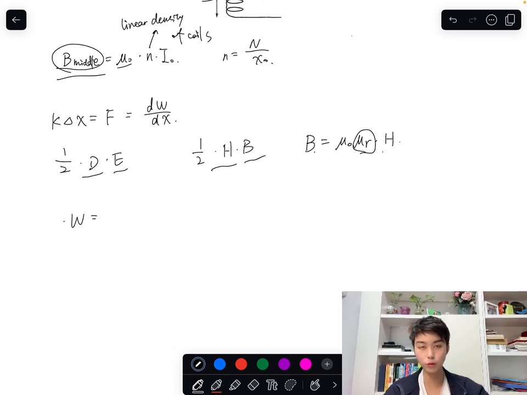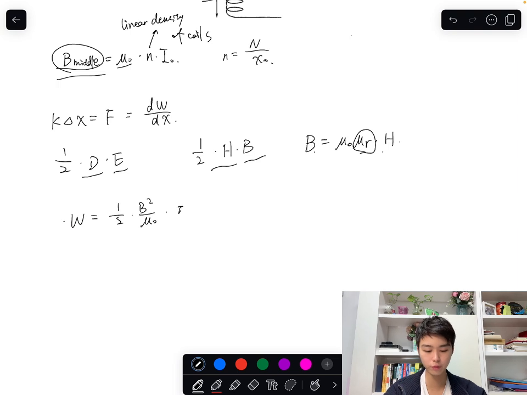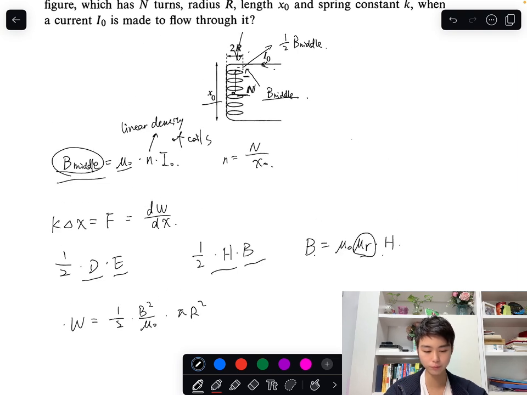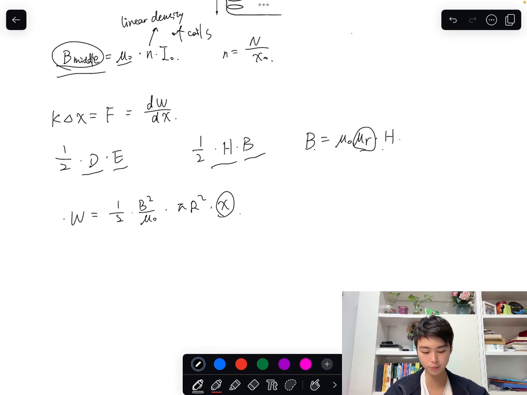The overall W would be 1/2 times B squared over mu 0 times the volume. This is pi r squared times x0. We'll just use x for instance. And we calculate dW over dx. This is just the coefficient here.